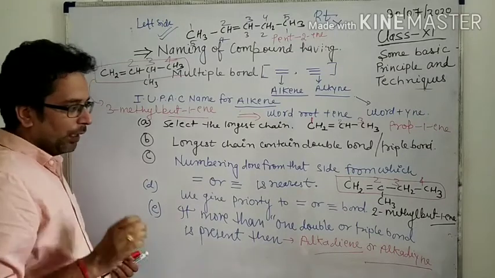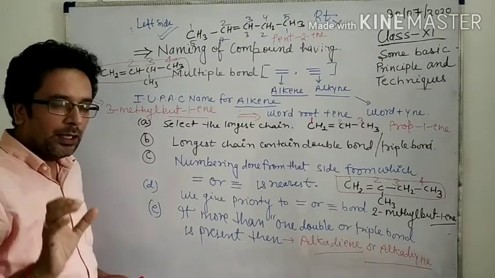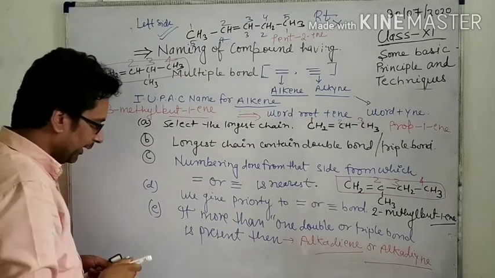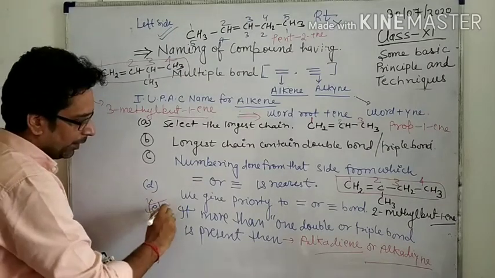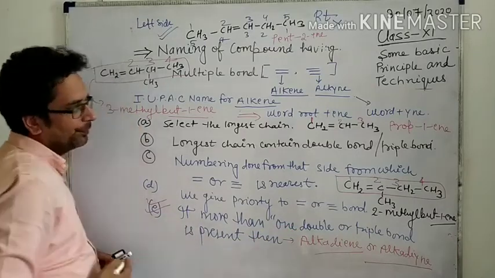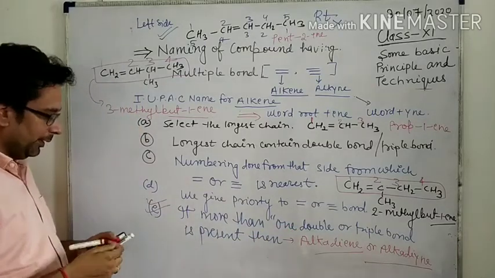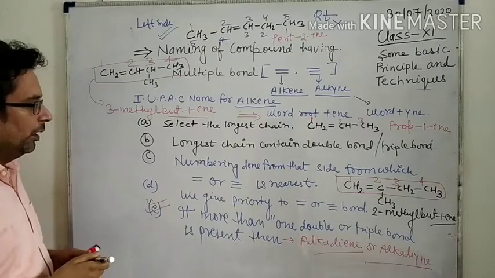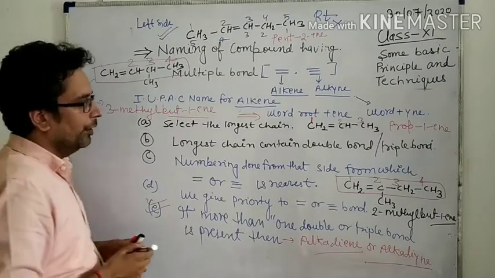Okay, now I am going to discuss the last example, which is based on this. That is, if more than one double or triple bond is present. Okay, so next example, look here.